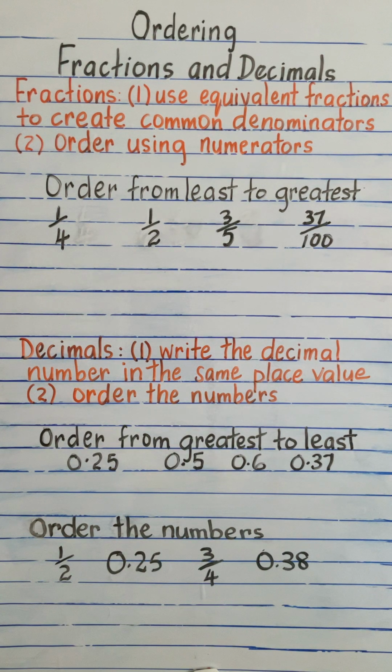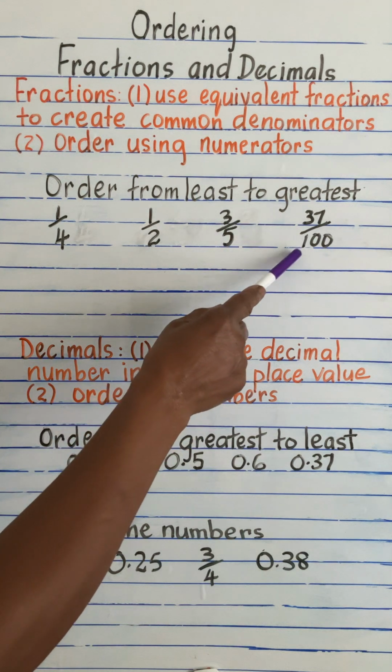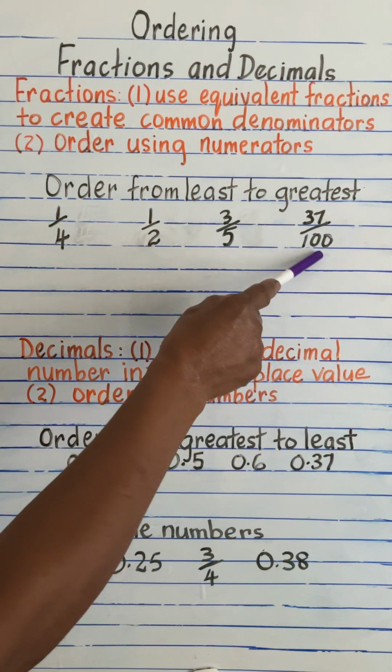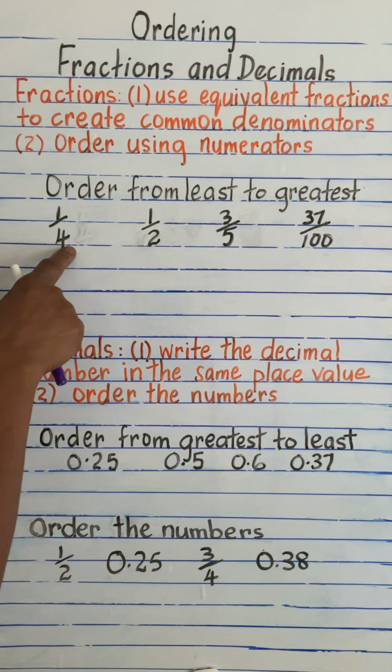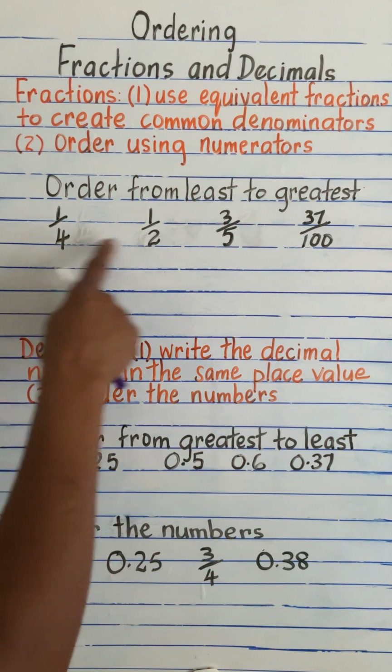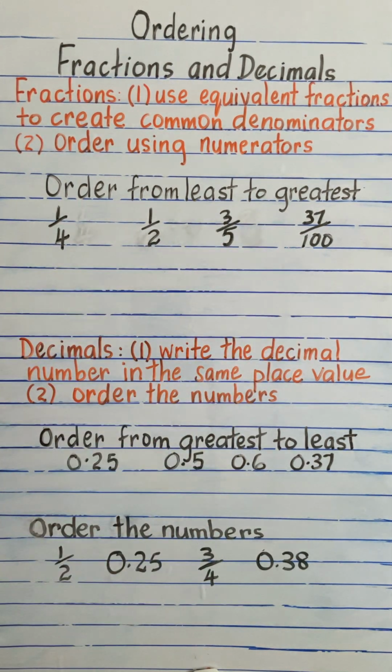So here we have fractions with different denominators, so we have to bring them to the same denominator. Here 100 is the highest denominator, so let's bring everything to 100. How many times can 4 go into 100? That's 25 times.